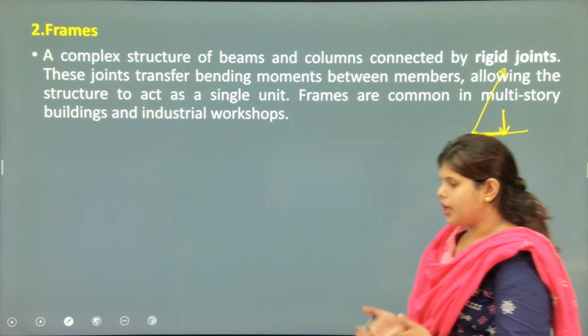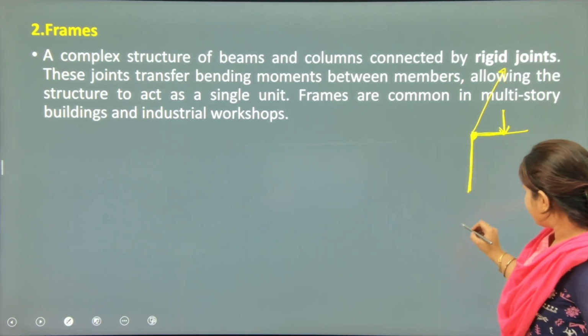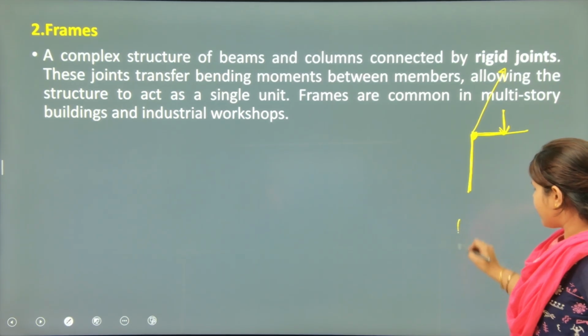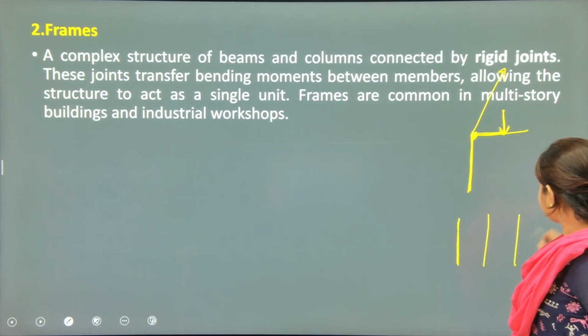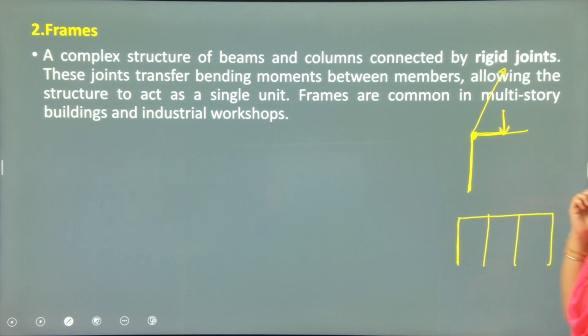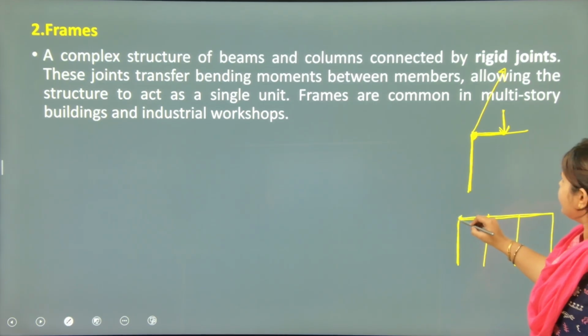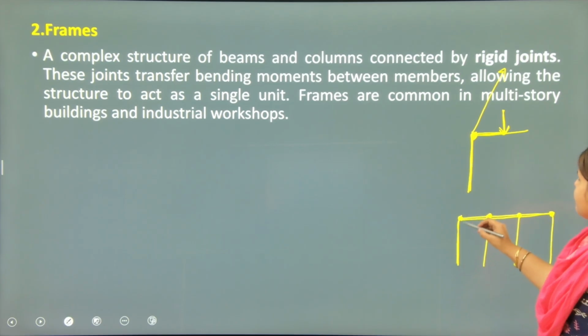Whenever we make a building, first we prepare foundations, then we put columns, then we make beams. These beams and columns are joined by rigid joints so that the load can be transferred.